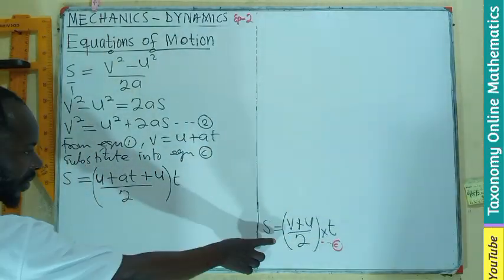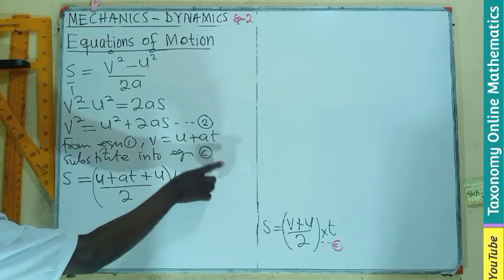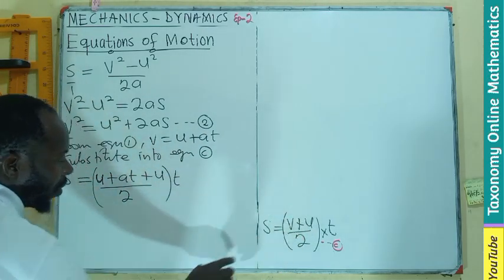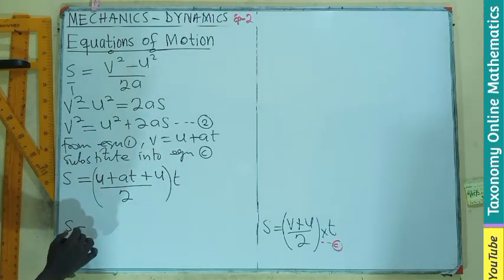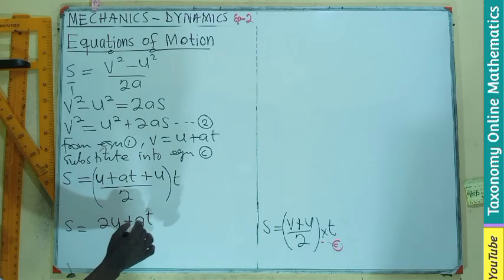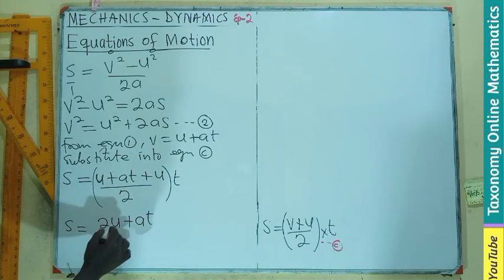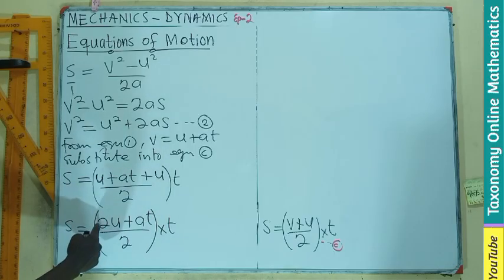So right from here, this is the equation C that we are putting equation 1 into. This T remains, all this goes. You can see U plus U, so I can have S equals 2U plus AT, divided by 2, then multiplied still by T. So this T can only multiply the numerators.